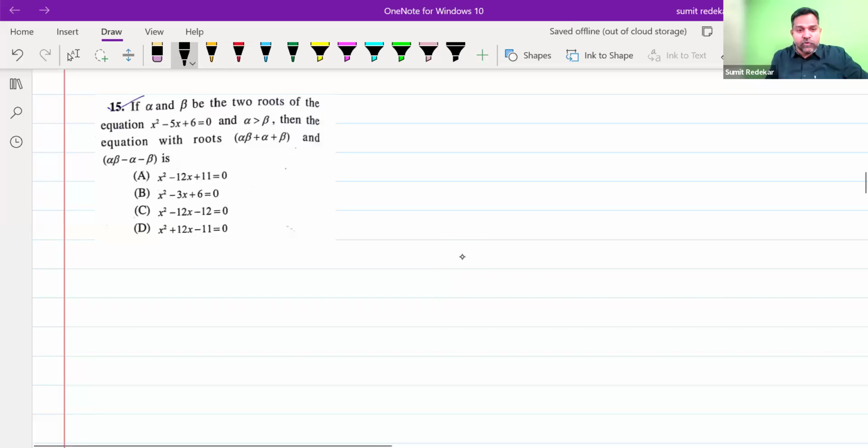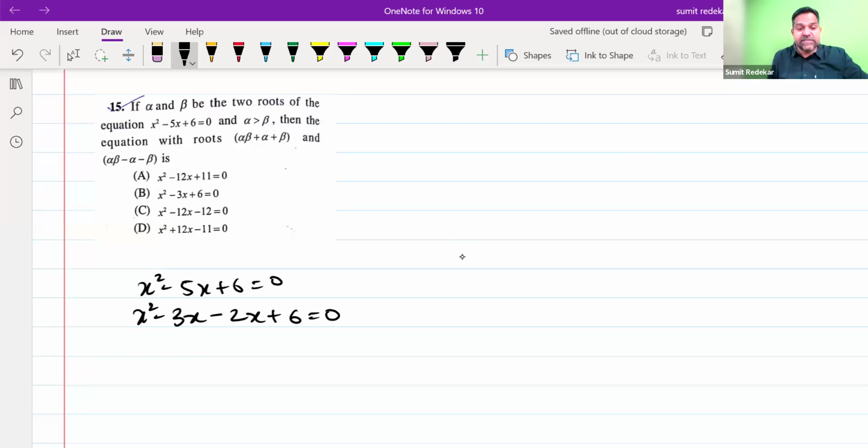So the first step is going to be finding the values of alpha and beta. Now the good thing is you can split this equation, or you can use the formula, to find the values of alpha and beta. x square minus 5x plus 6 can be split into two numbers, 3x and 2x, so x square minus 3x minus 2x plus 6 is 0.